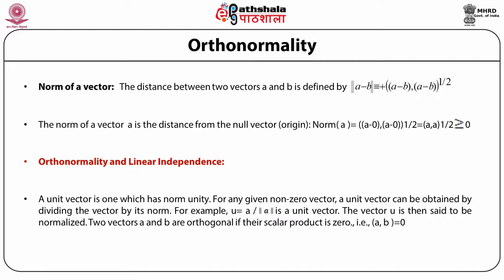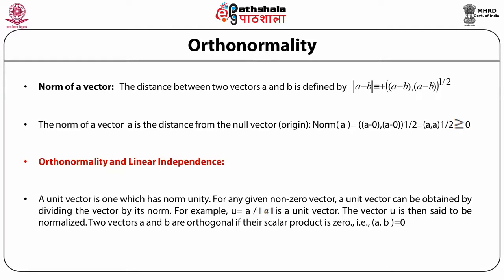For example, if we have a vector A and its norm is |A|, then we can define its unit vector u as u = A divided by the norm of vector A. The vector u is then said to be normalized.